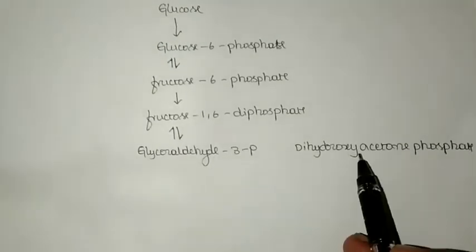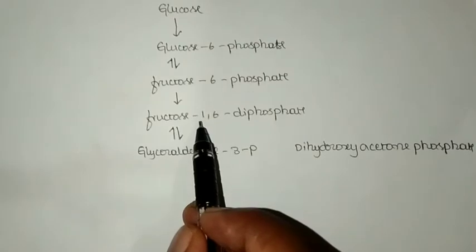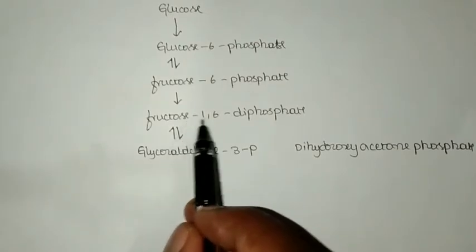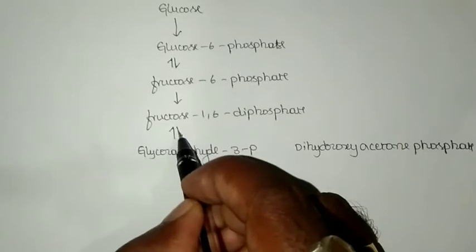So these are the two materials that are going to be produced by the splitting or breakdown of fructose 1,6 diphosphate.